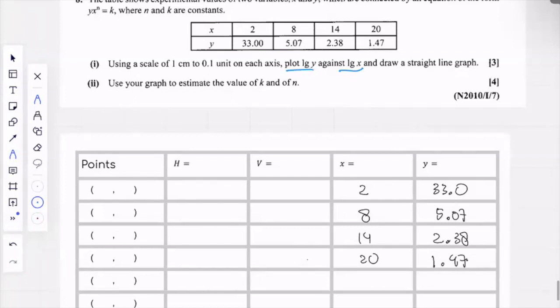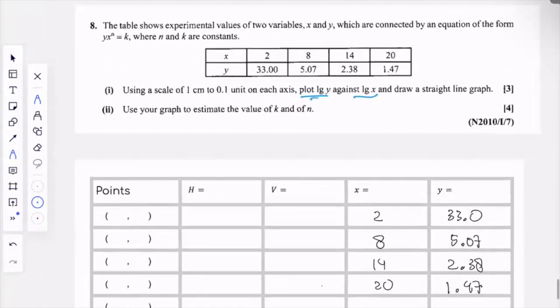So we calculate now, and they say log y against log x. So h is log x, v is log y, and we quickly do.